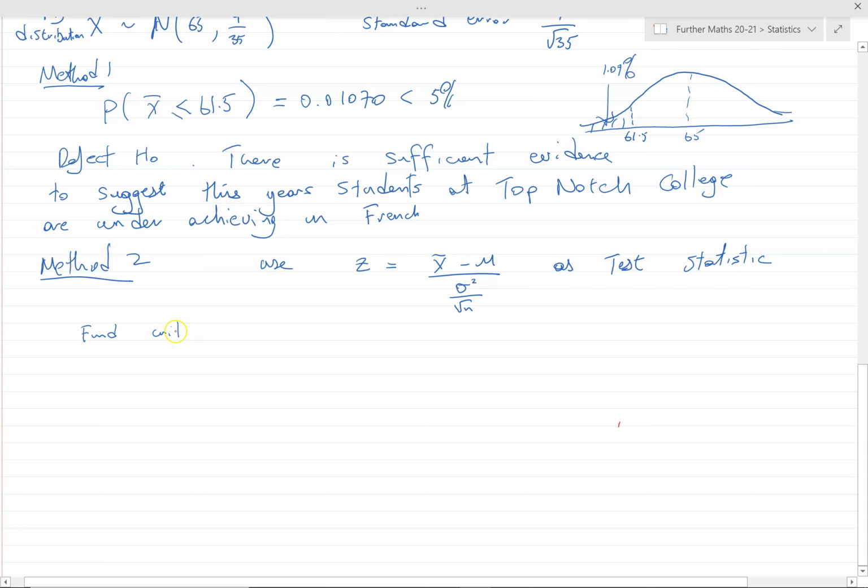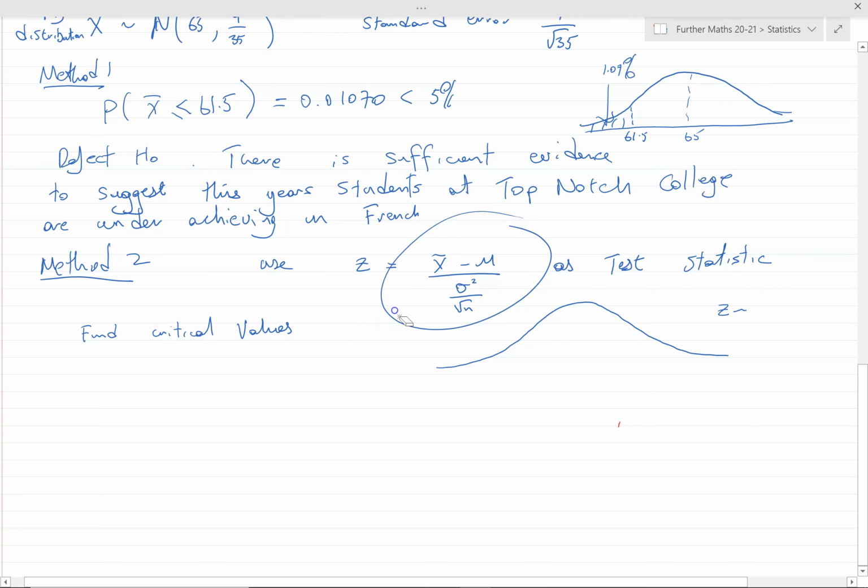To do this, you can go to the tables that you get in the exam in all of the A-level boards, but to be honest, I think it's just as well to use the calculator. We're working with the standard normal distribution, because that's what all this is about.